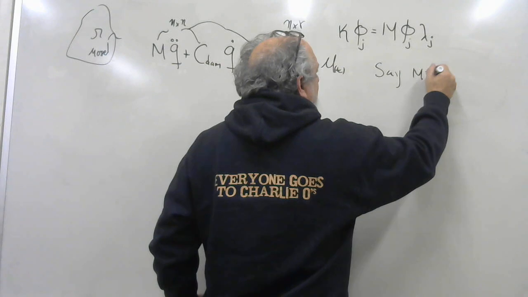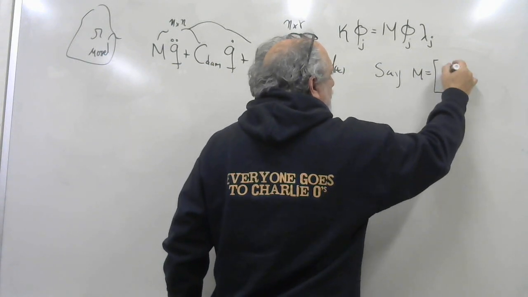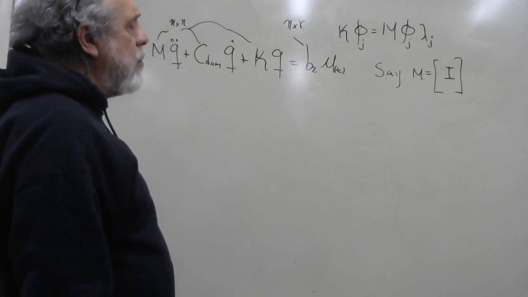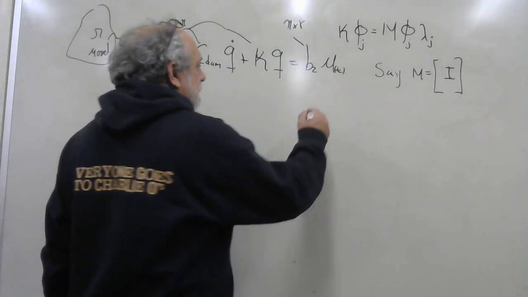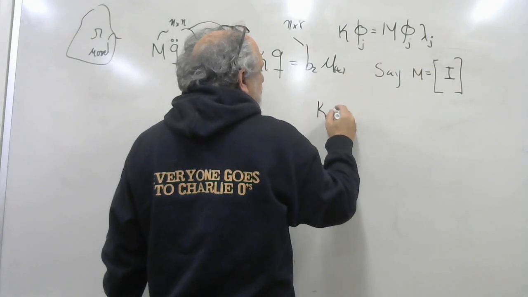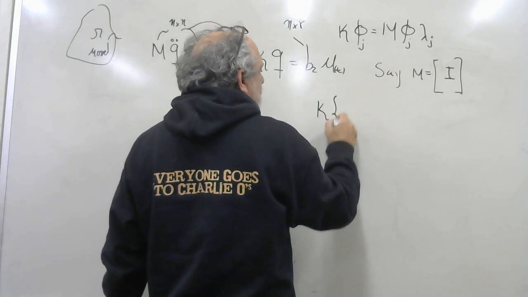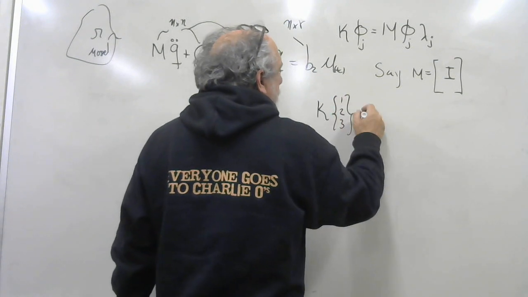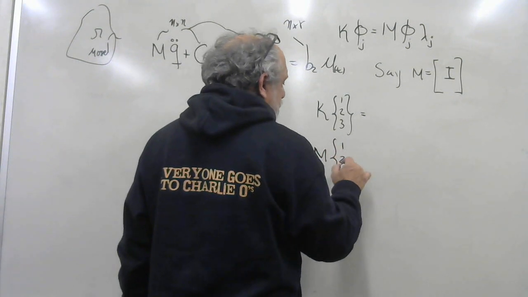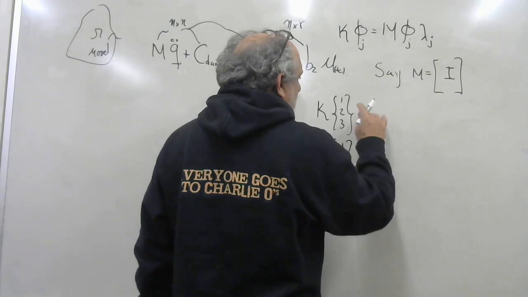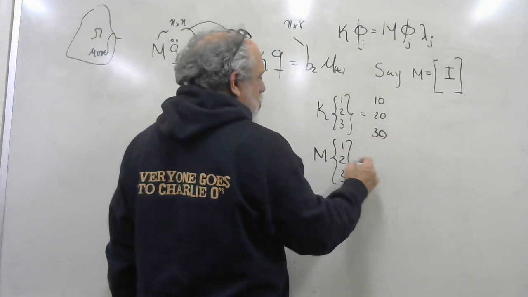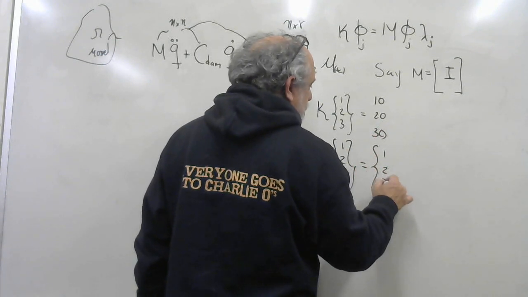Say M is the identity, so it's easier to explain. If M is not the identity, I'd have to do two multiplications. But if M is the identity, then M times phi is just phi. So if you have K and you try phi as 1, 2, 3, you find that K times phi is equal to 10, 20, 30, and M times 1, 2, 3 is 1, 2, 3.